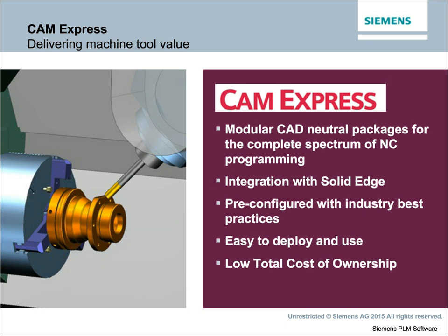CAMexpress offers a wide range of NC programming capabilities, avoiding the need for and the cost of multiple CAM systems in the machine shop. And it provides user flexibility, maximizing the value of the software investment in one complete product.